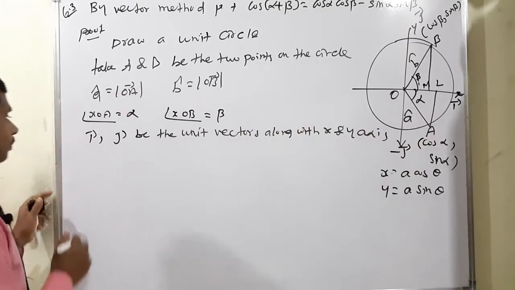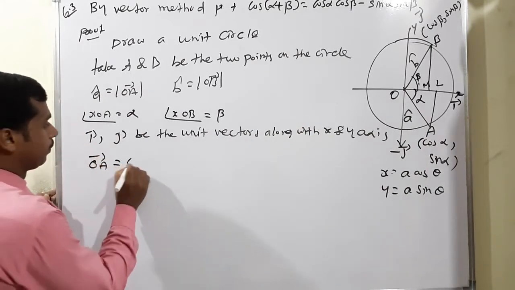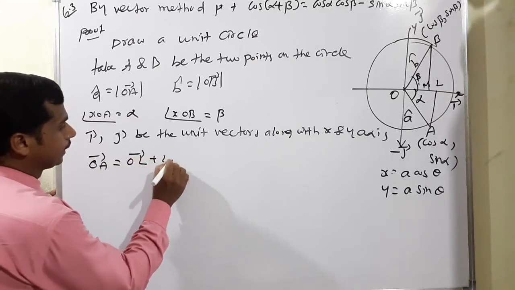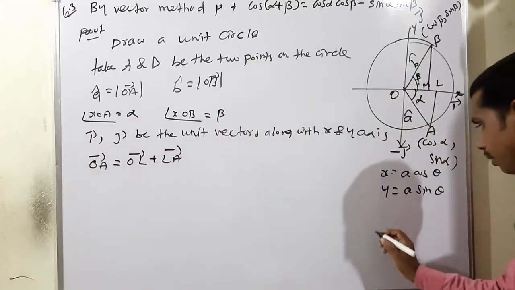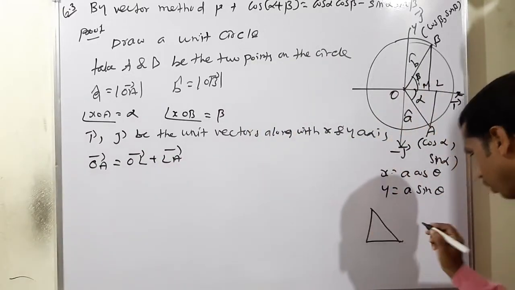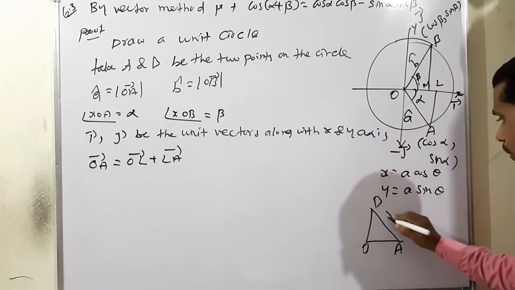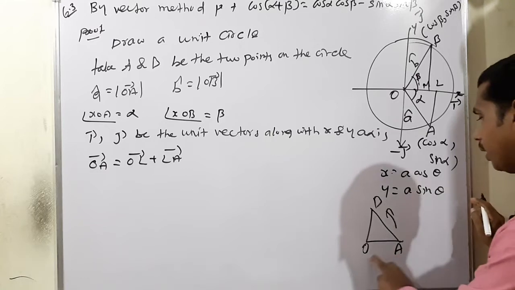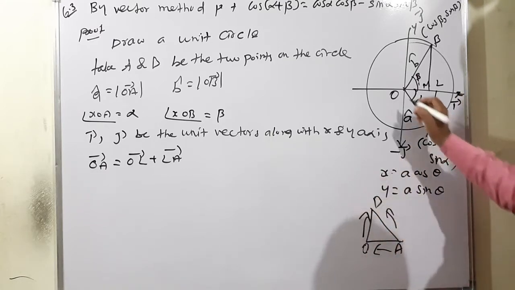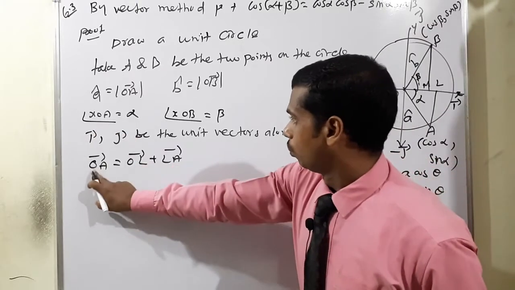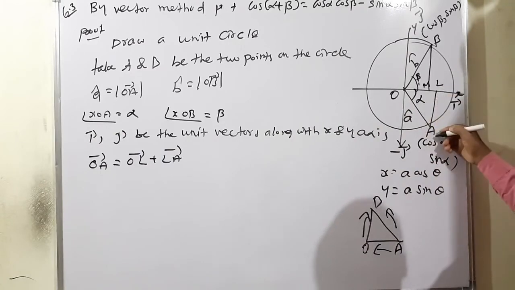To find OA vector, definitely OL vector plus LA vector, according to the triangle law. Last year you already studied this. For example, according to the triangle law, going from A to B means AO vector plus OB, isn't it? Here, OA vector is OL vector plus LA vector.